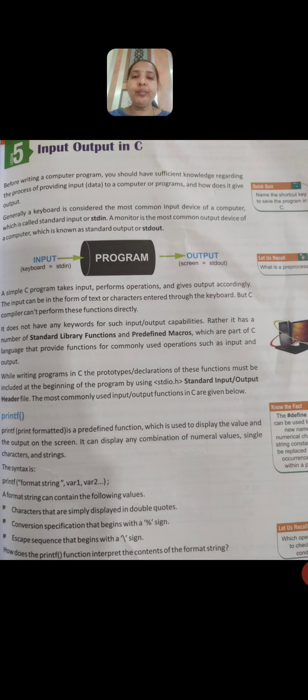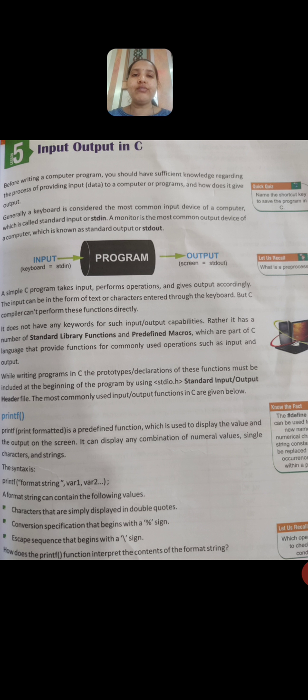For input, when writing a C program, we use something called stdin, that means standard input. And for output we write stdout, that is standard output. One image they have given, see here. To the program we give an input through the keyboard, that is input.